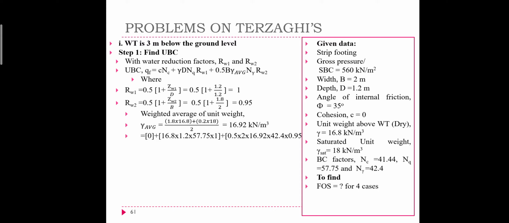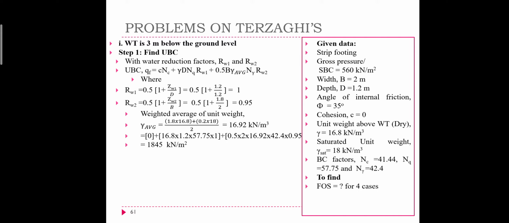Gamma value is dry, gamma dry is 16.8, into D is depth 1.2, and NQ is 57.75, into RW1, which we have found is 1, plus 0.5 into 2 into width, 2 into gamma average value, which is also found out, 42.4, into 0.95. Now that value will be 1845 kilonewton per meter square.